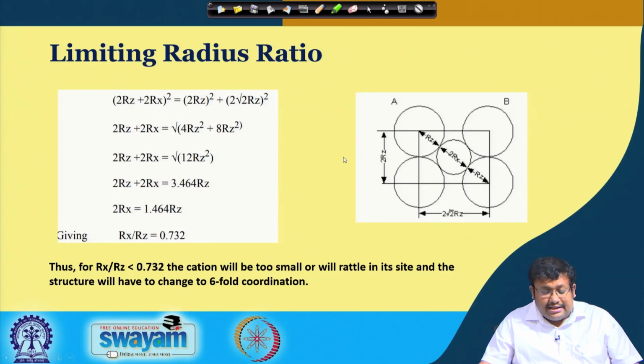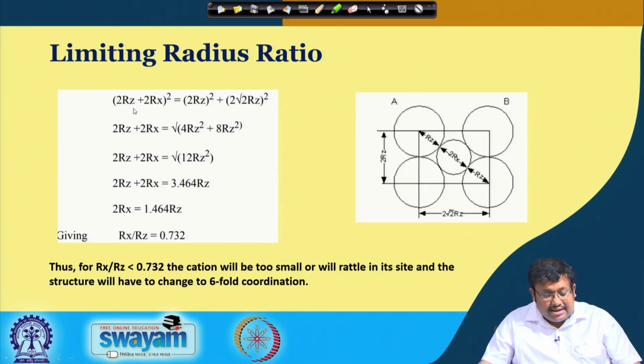Based on the Pythagorean theorem, the square of this distance will be equal to the summation of the squares of these two terms.